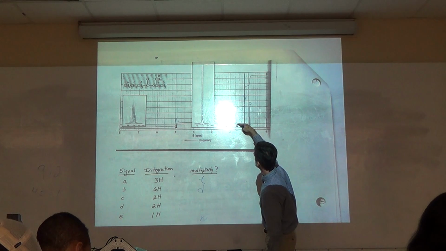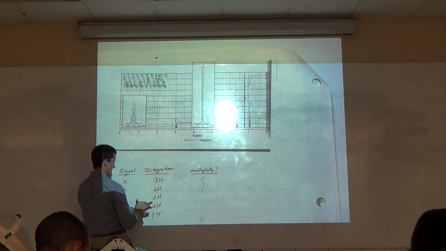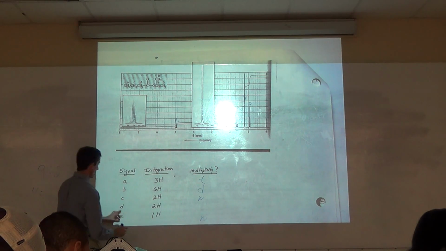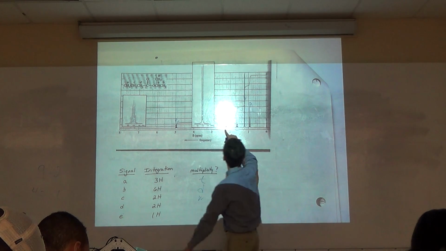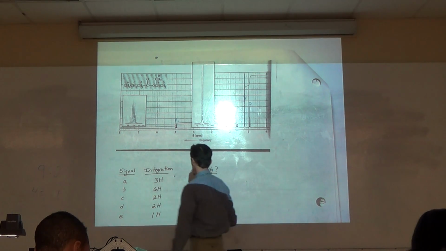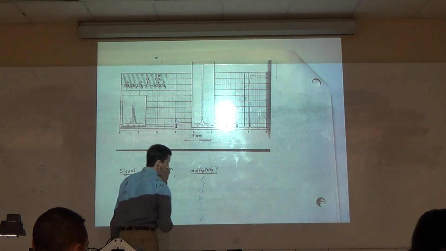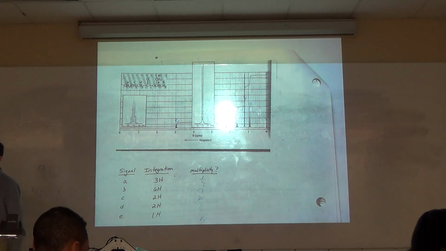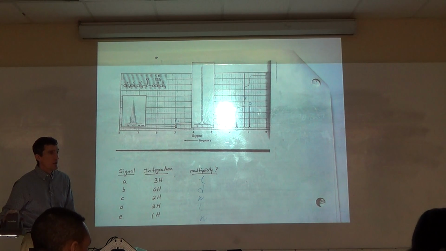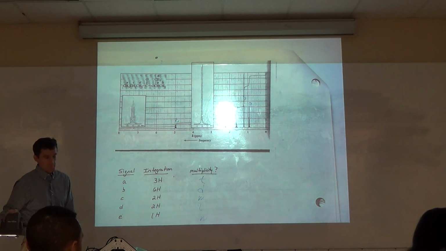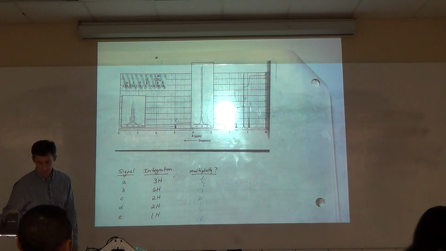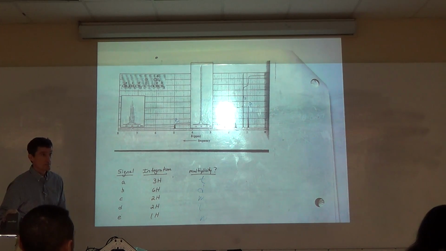As you can tell, C is a multiplet. D, what is D? Yeah, it is a triplet. That's the so-called multiplicity of each signal. How does that relate to the structure of the molecule? That's the next topic.